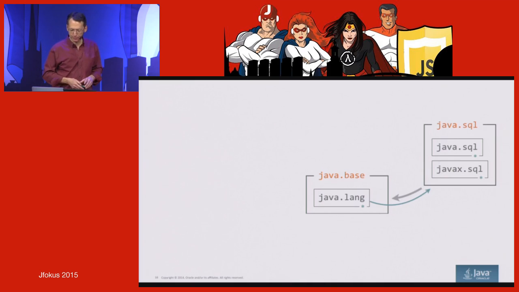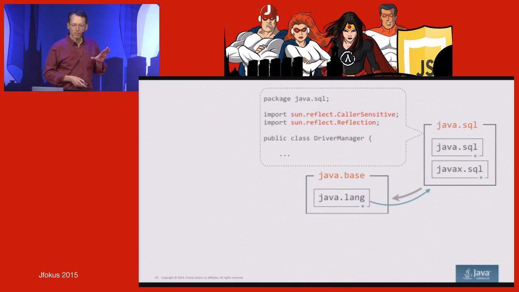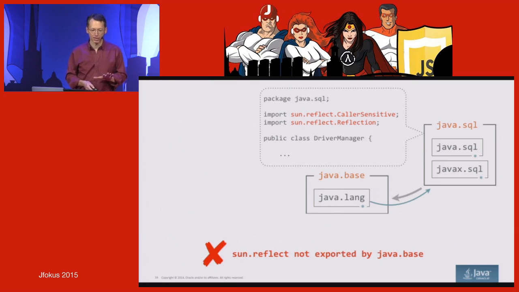That's good. If we look at some of the implementation code in the SQL module, we see that driver manager, for example, needs to make use of a couple of classes in the sun.reflect package. Now that package, as it happens, is in java.base, but it's not exported by java.base. Now remember what I was saying earlier about check package access?